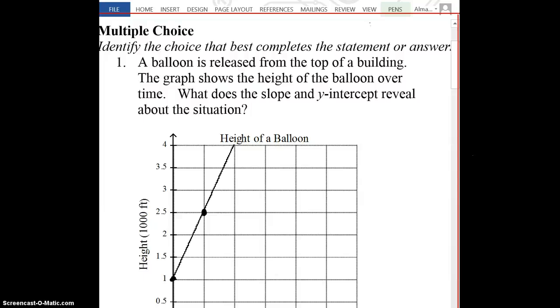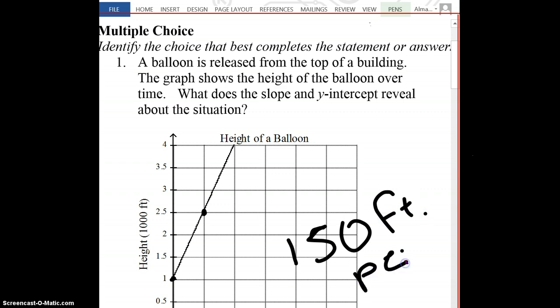Okay, so if we put this in a calculator, 1,500 divided by 10, it will give us 150, and I apologize for my handwriting, 150 feet per second. Okay, so that's our slope.